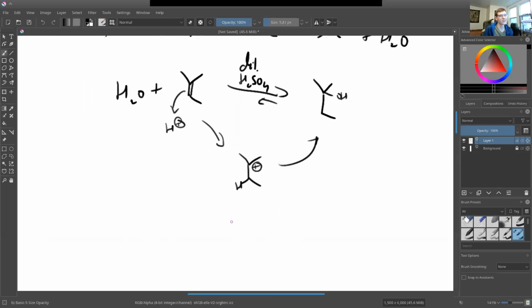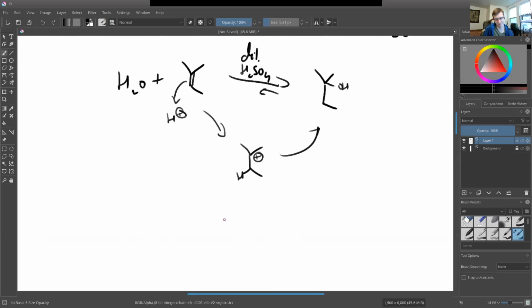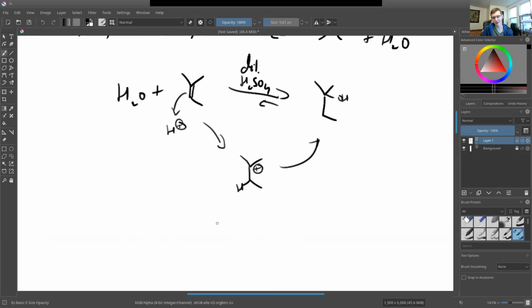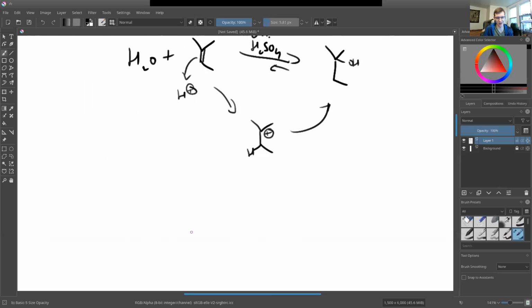That's the easier way to go about it. There's a bit more complicated way of thinking about it, which is that if you draw this, this whole double bond is kind of in a cloud above and below, and so it's kind of polarized.